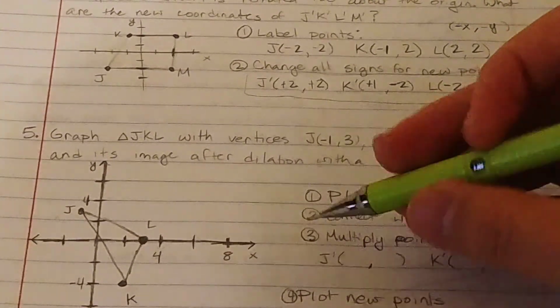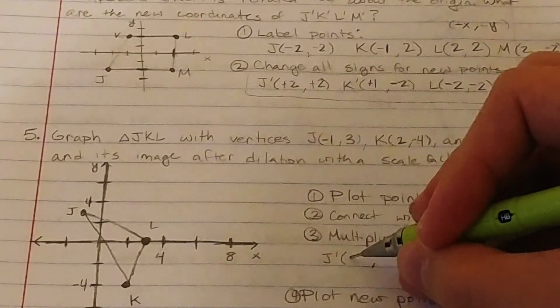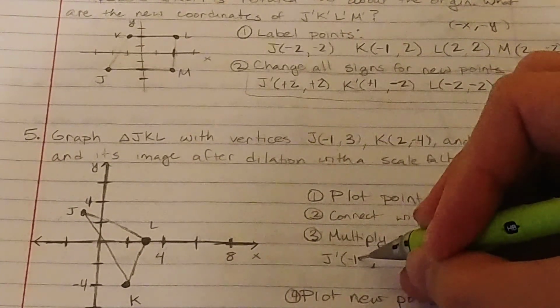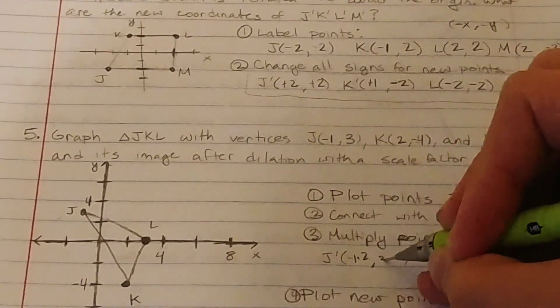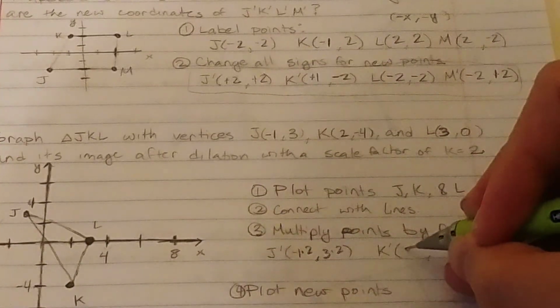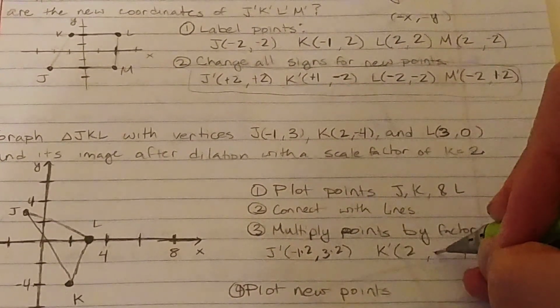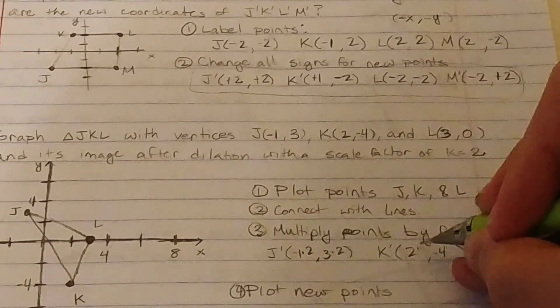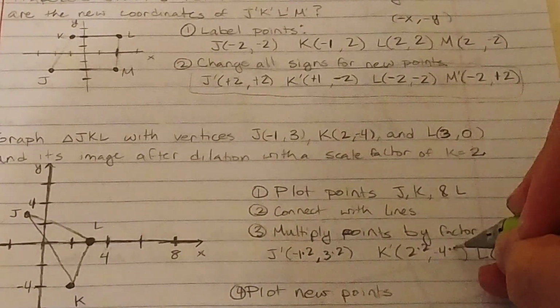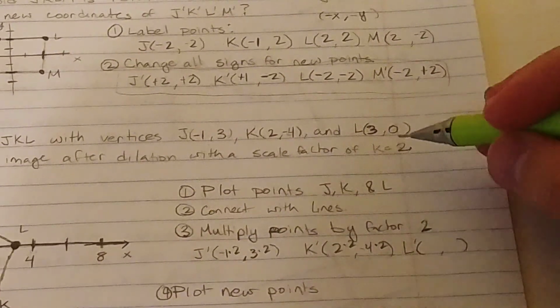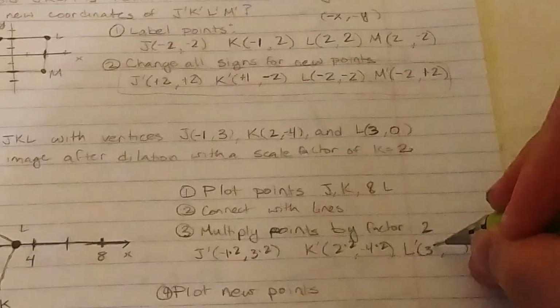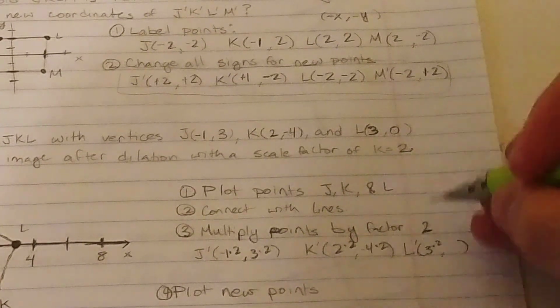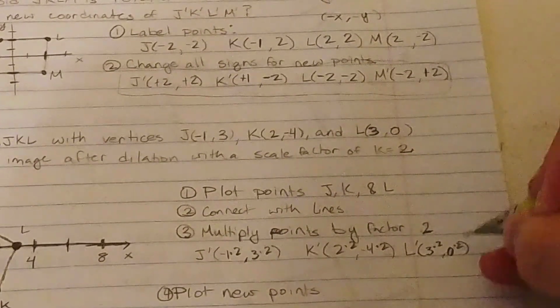So negative 1 times 2, negative 1 times 2, 3 times 2. Here, K is negative 2, 4, negative 4, so 2 times 2, negative 4 times 2. L is 3 times 2, and 0 times 2.